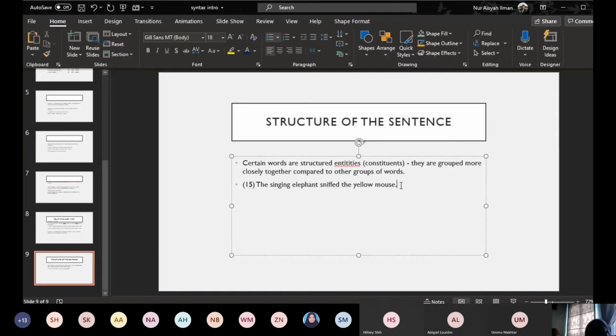Okay, so I want you to look at sentence 15. The singing elephant sniffed the yellow mouse. Each of you, on your own, draw a tree diagram which shows the constituents of the sentence.